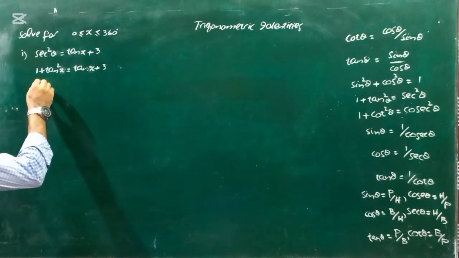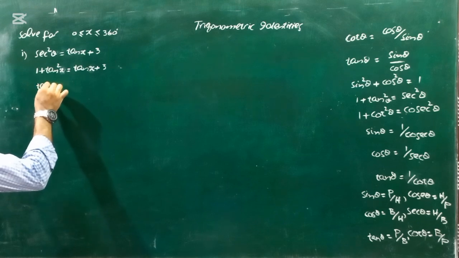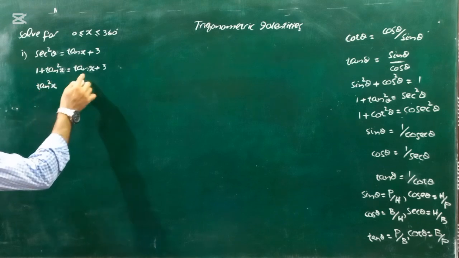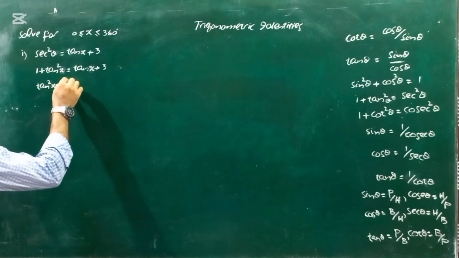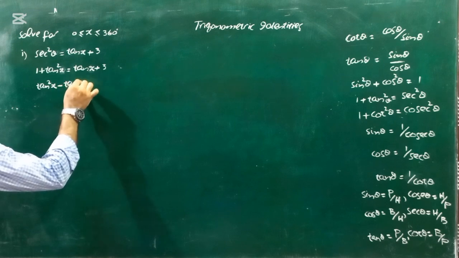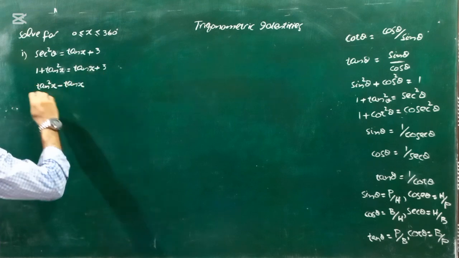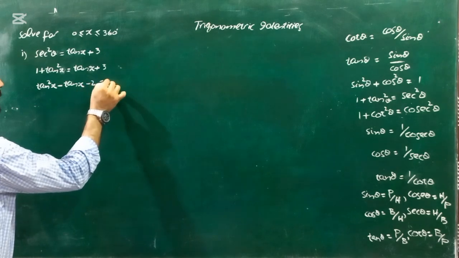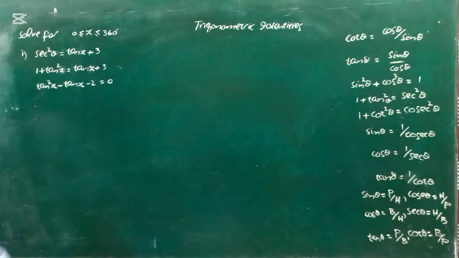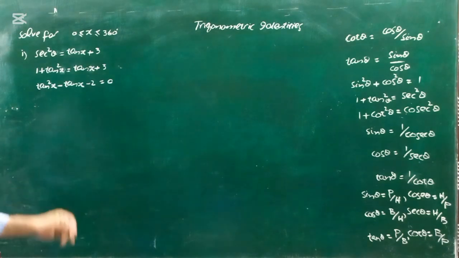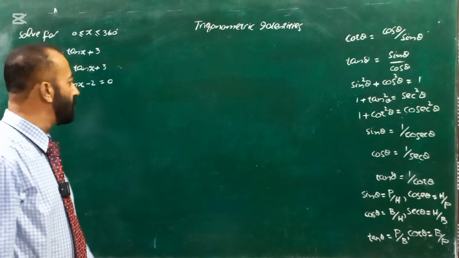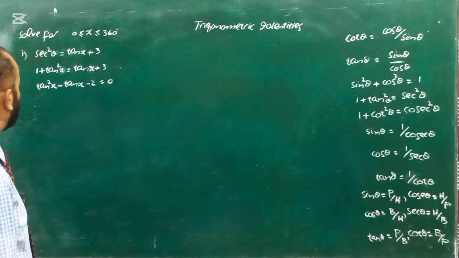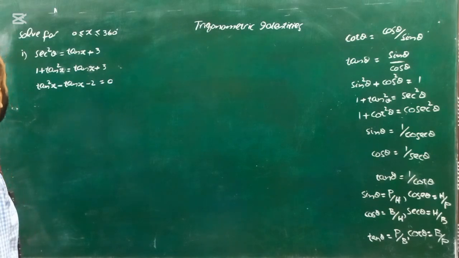So tan square x, this tan x will come to the left side, and this plus 3 will also come to the left side and will become minus 2 because plus 1 is there. Okay, this is the equation now, and this is a quadratic equation which can be solved by factorization or the quadratic formula method.